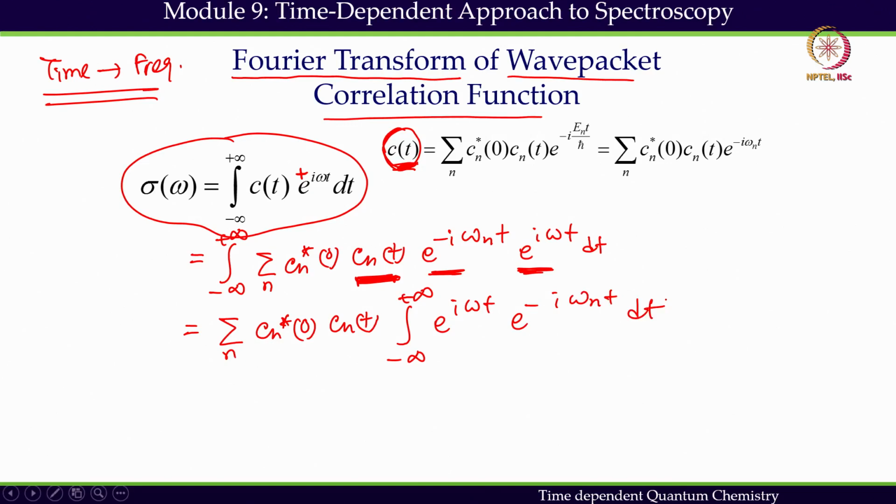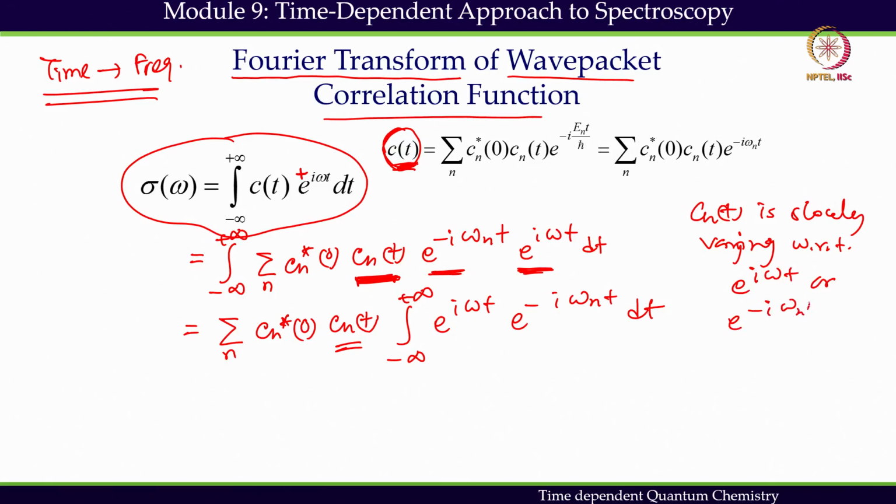We can take this Cn(t) out under the assumption that Cn(t) is slowly varying with respect to e to the power i omega t and e to the power minus i omega n t, both of them. It is slowly varying, that's why we have taken it out.